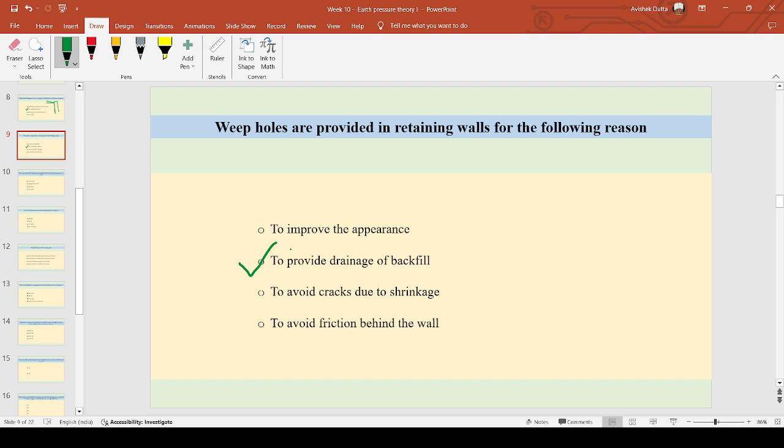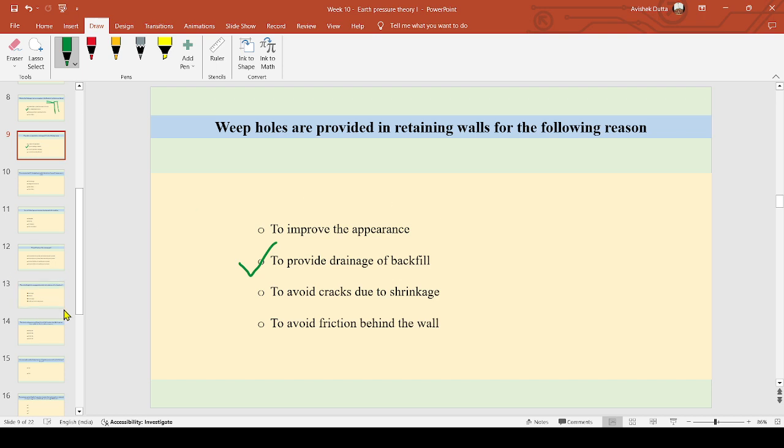So, in order to drain the excess water and release the pore pressure in the backfill, weep holes are provided in the retaining wall. The answer is weep holes are provided to provide drainage of backfill.